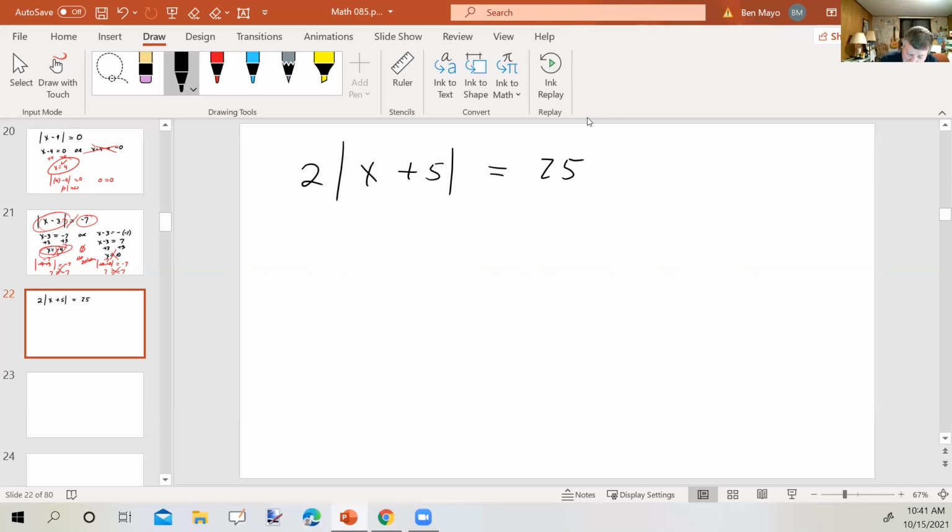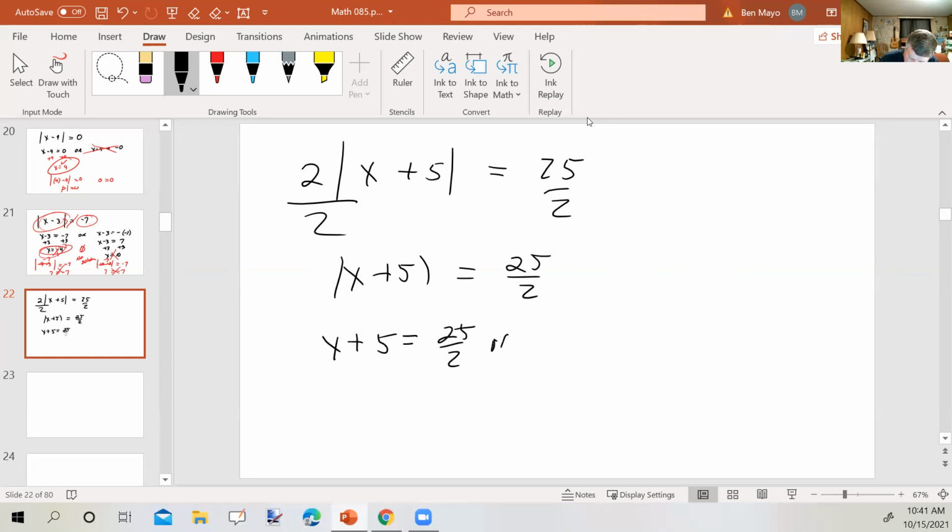So in this case, the first move would be to divide both sides by 2. Okay, now we get what's inside has to equal 25 halves, or what's inside has to equal the opposite of 25 halves.